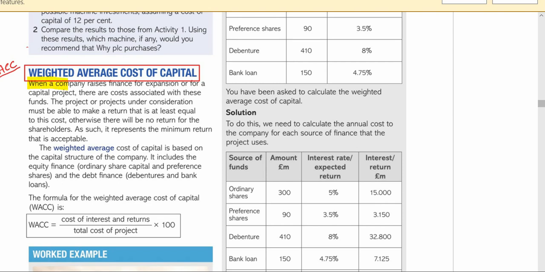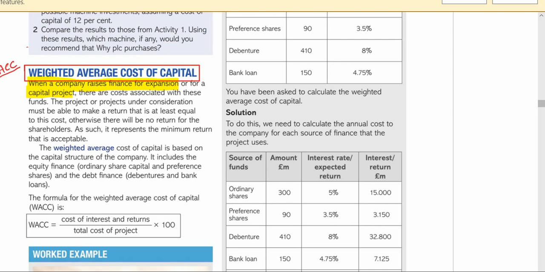When a company raises finance for expansion or for a capital project, there are costs associated with these funds. The project under consideration must be able to make a return that is at least equal to this cost of capital.